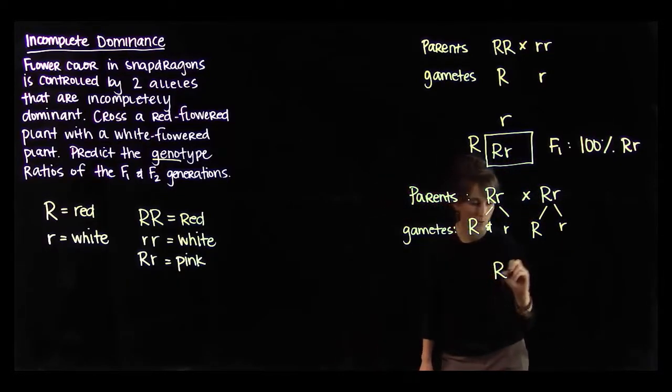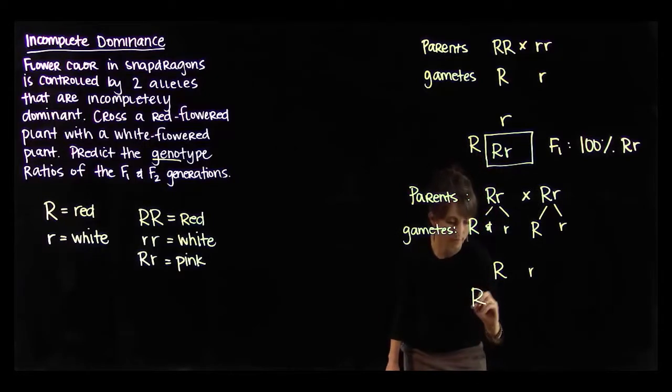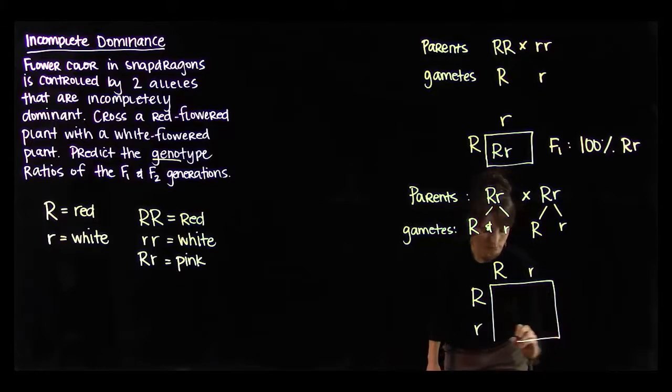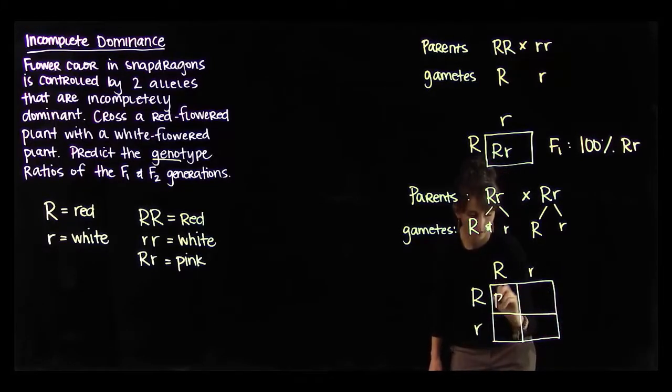Our Punnett square will need to be 4 boxes. And we can do the cross to figure out the genotypes of these potential offspring.